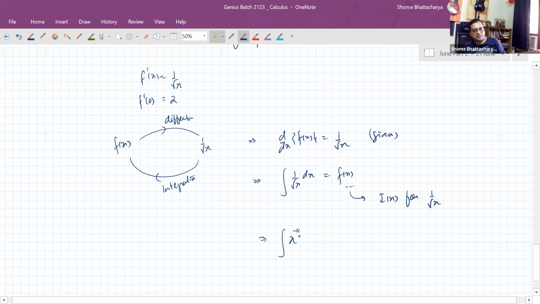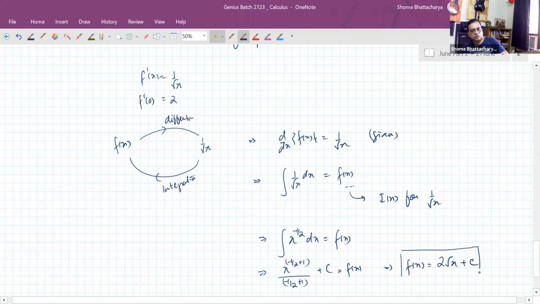X to the power minus half. So x to the power minus half plus 1 upon minus half plus 1. So this shows us that this is 2 root x plus c to begin with.